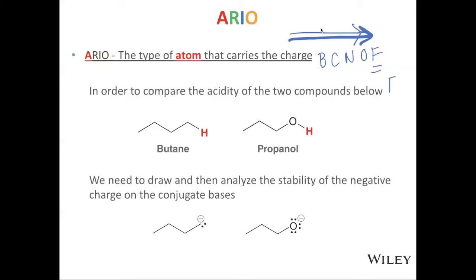And that is because of the conjugate base of fluorine. Once the H leaves, so we have HF, once the H leaves, we have this anion on fluorine, and fluorine, because it's most electronegative, can handle that charge. Now, if we look at the periodic table going down, we also increase acidity.